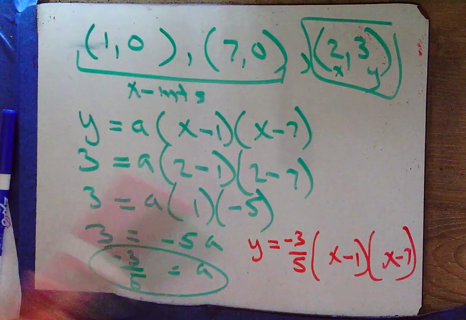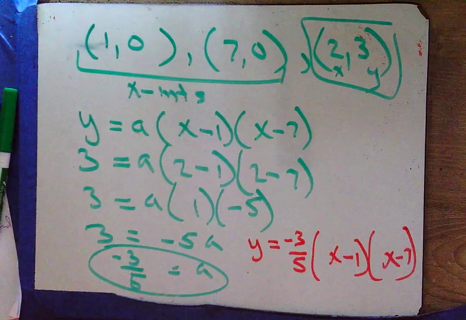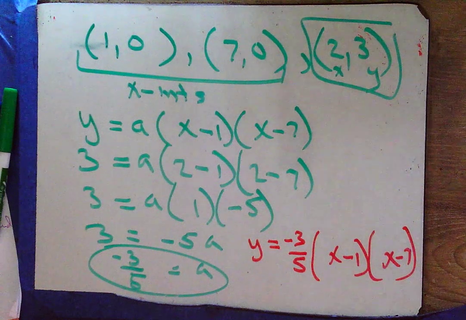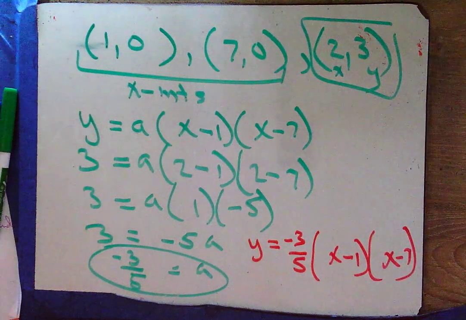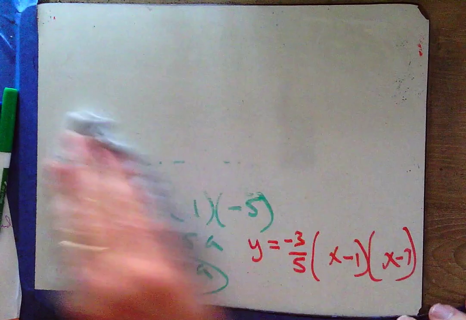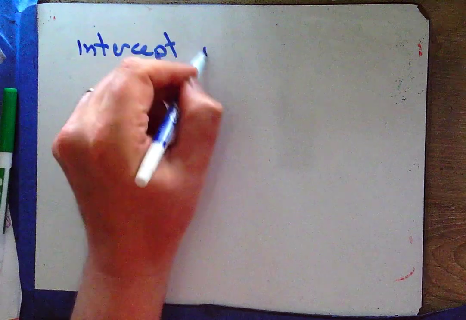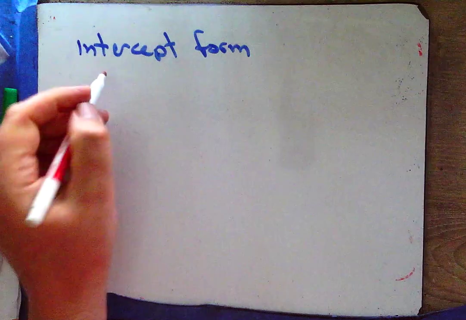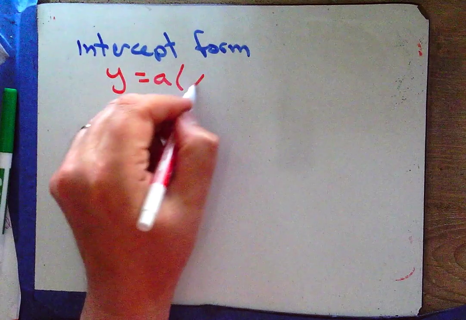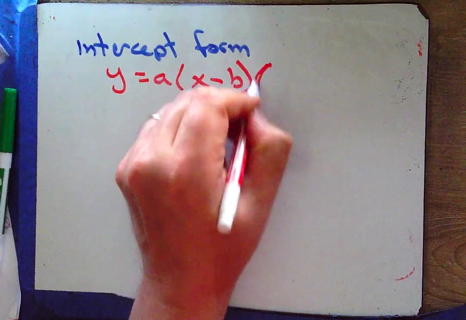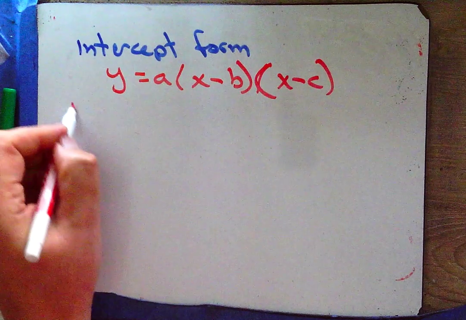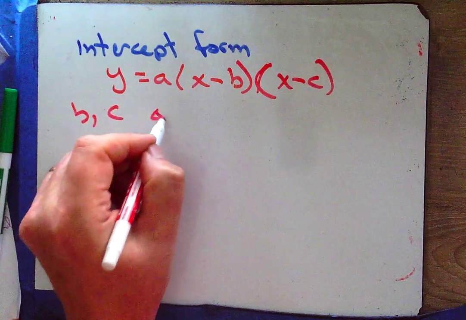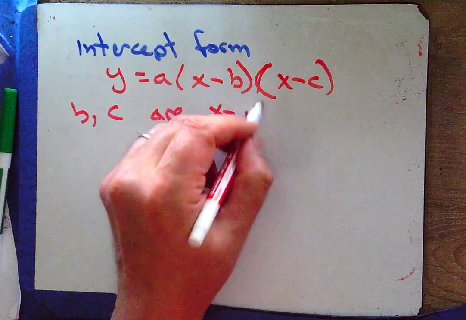Excellent. All right. So, that's going backwards. You have to decide whether or not you're going to use intercept form, which was y equals a(x minus b)(x minus c), where b and c are x-intercepts.